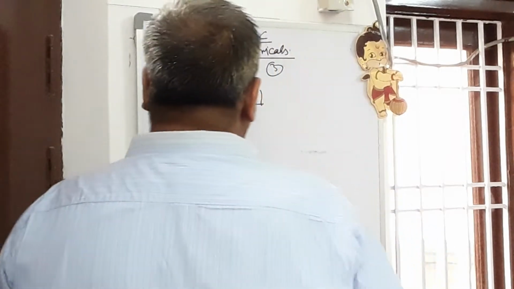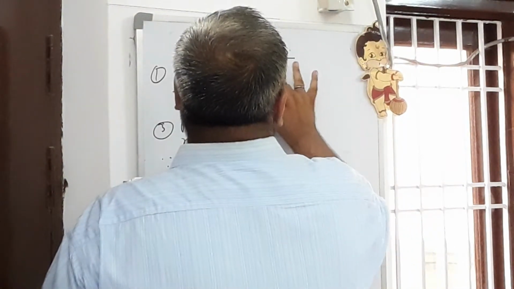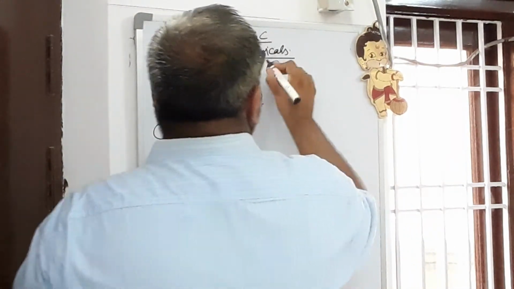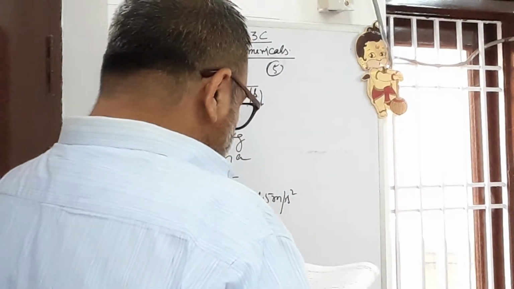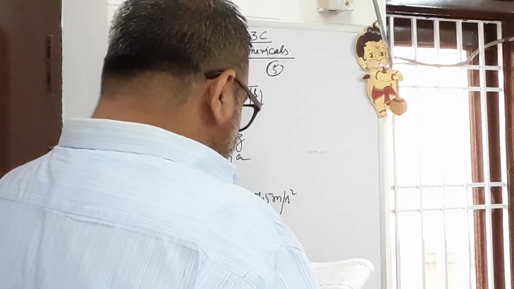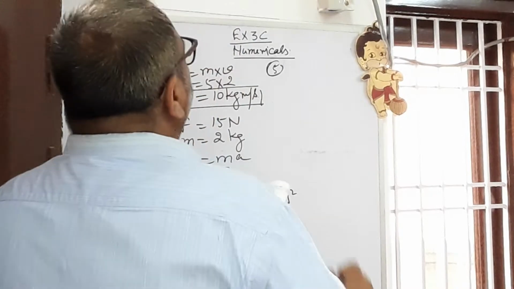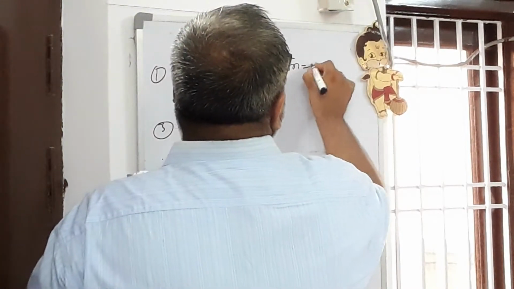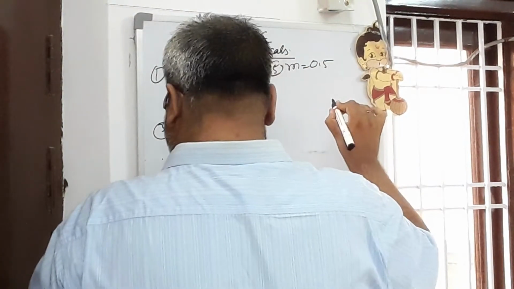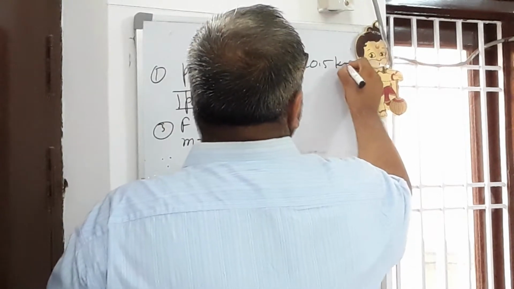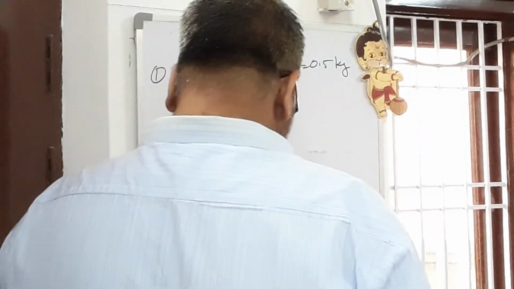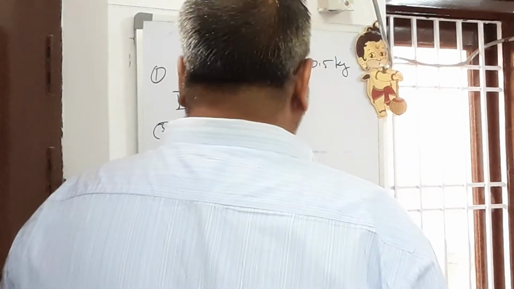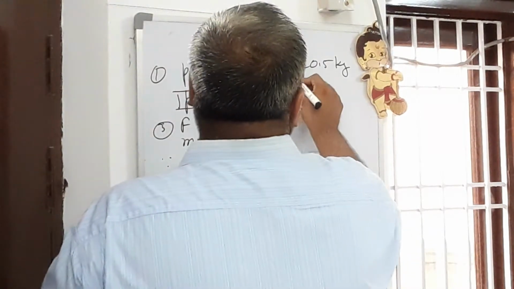Question number 5. Calculate the magnitude of force which, when applied on a body of mass 0.5 kg, produces an acceleration of 5 meter per second square.